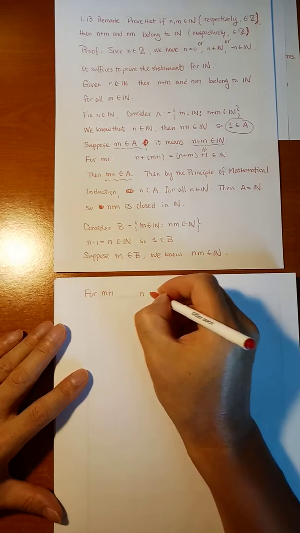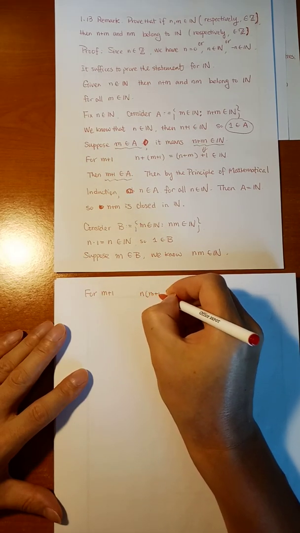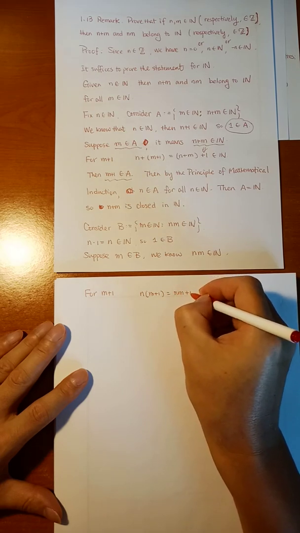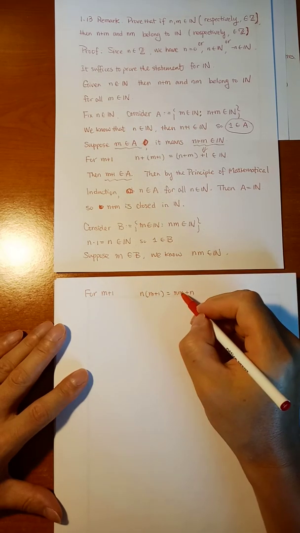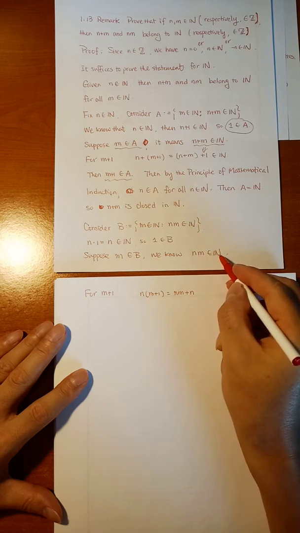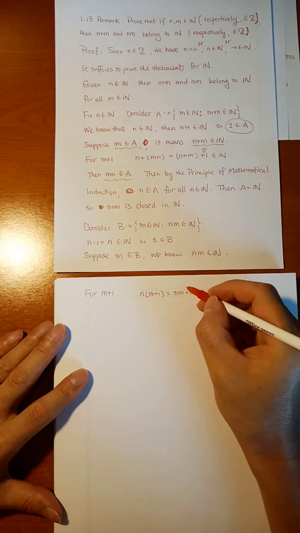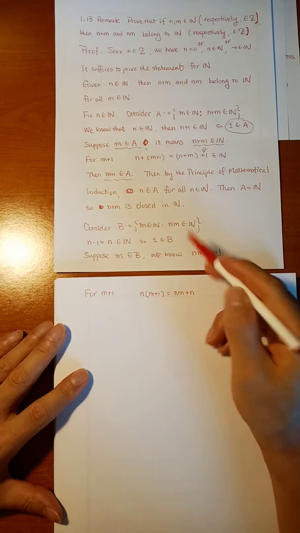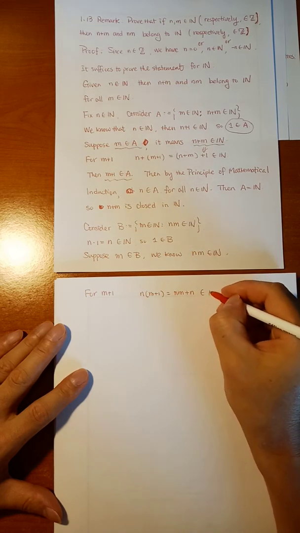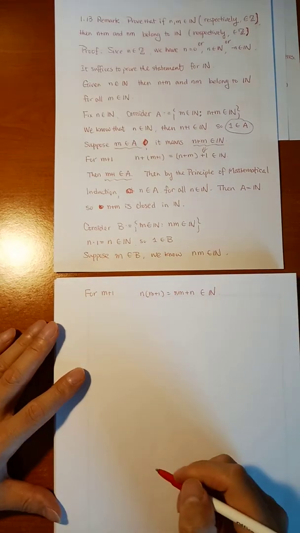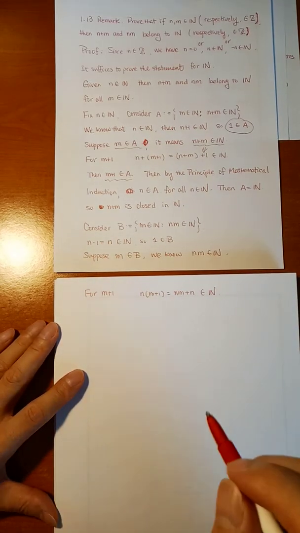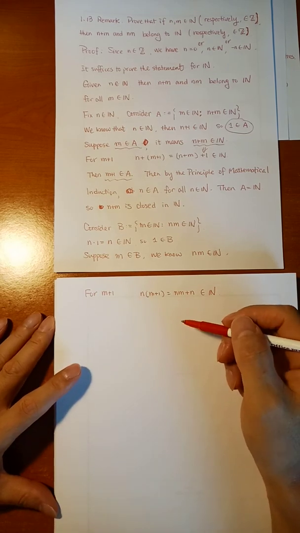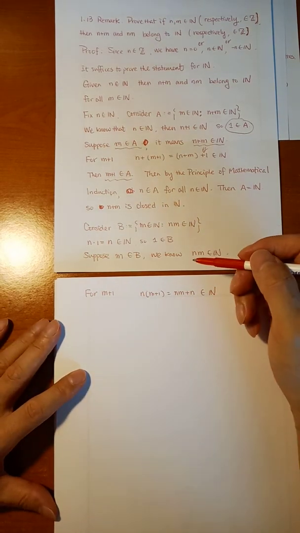We check n times (m plus 1). N times (m plus 1) is nm plus n. We know that nm belongs to the natural numbers, and n belongs to the natural numbers, and addition is closed. We just showed that addition is closed, so it belongs to the natural numbers. So the proof of the second part, the proof of multiplication, depends on the proof of the addition.